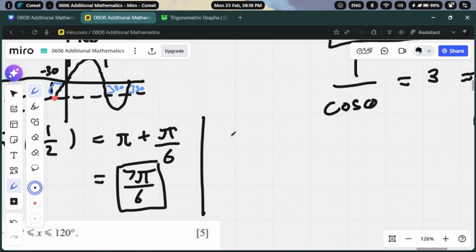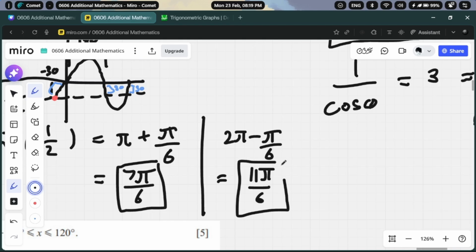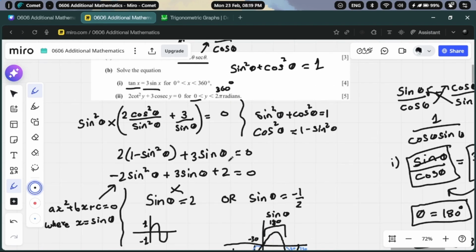So that would be 2 pi minus pi over 6, which should be equal to 11 pi over 6. These are your two valid values for the given equation.